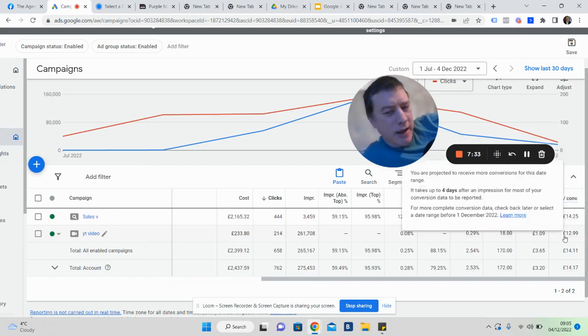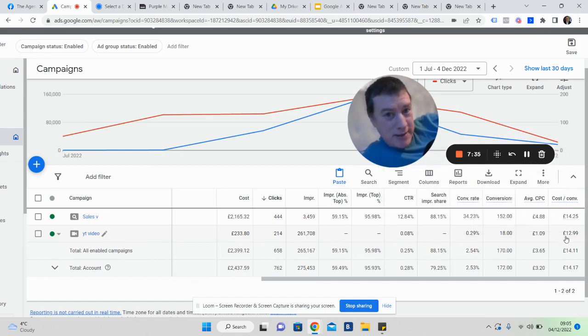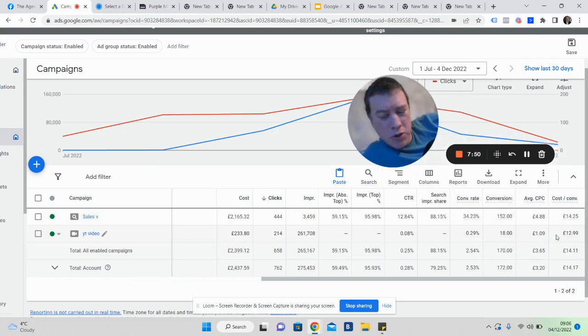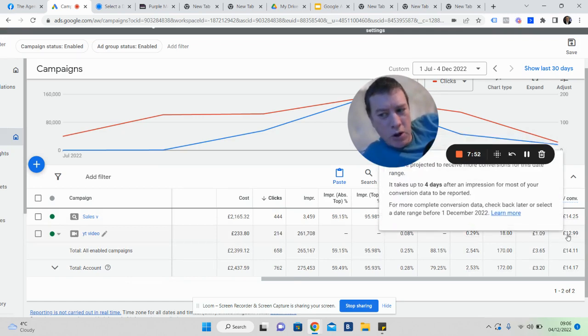Cost per lead in YouTube, in this case, is £12.99 versus £14.25. So it's a little bit less.